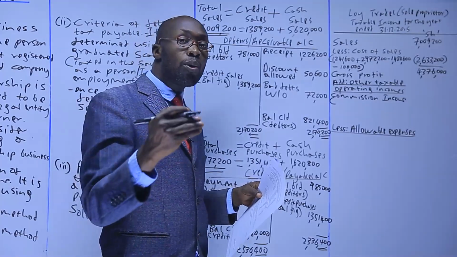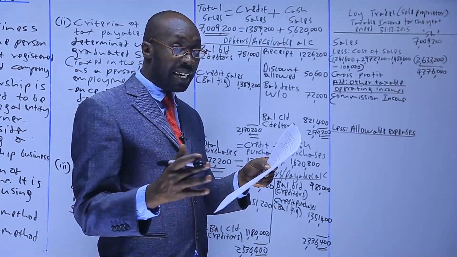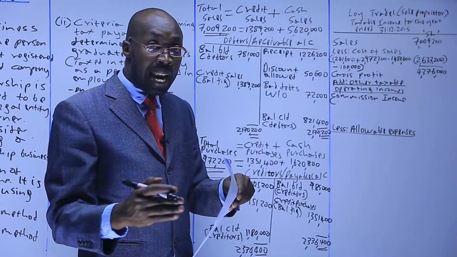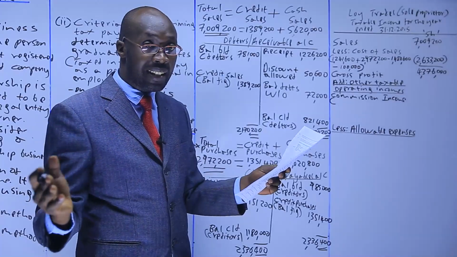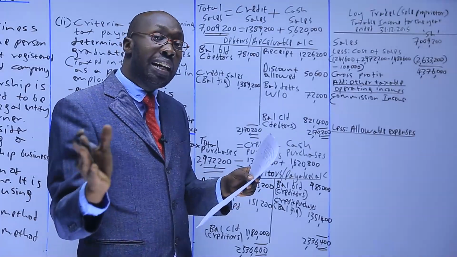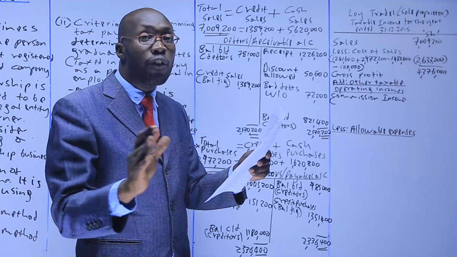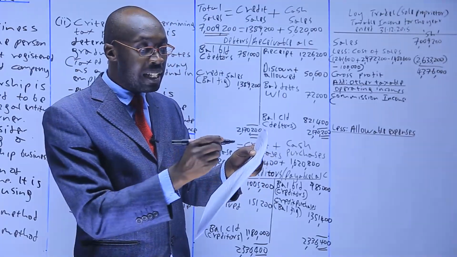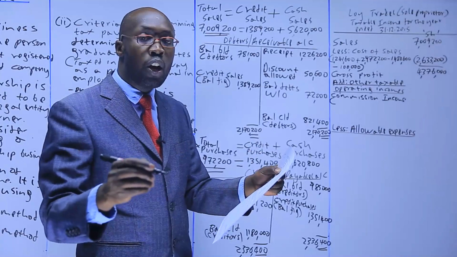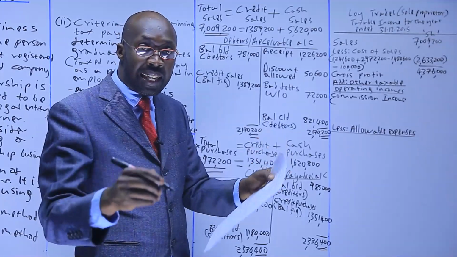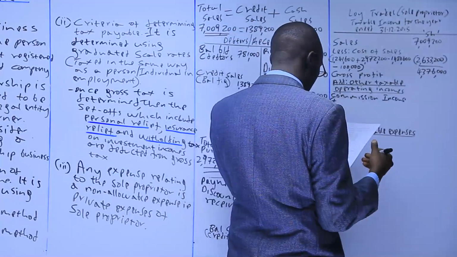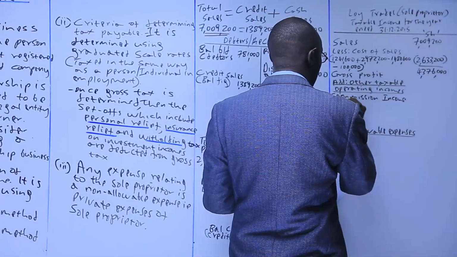If it reduces the commission, less. Also, if the commission is relating to this year, you add. If it is relating to another year, you minus. That's simple logic. Anything for this year, you add. Anything for another year, you minus. Like if we start with the commission received, you see it is in the transaction for this year, commission received in the year, it is for this year. So we add. We add 124,000.